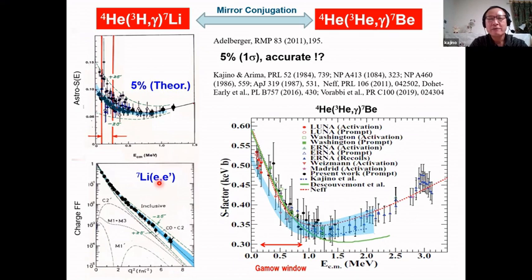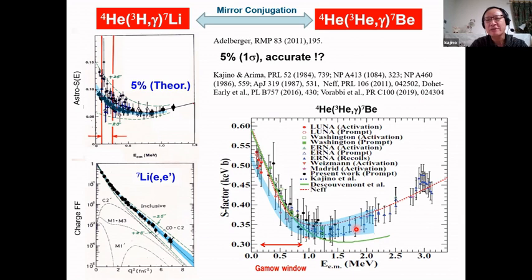Therefore, if we theoretically calculate the relative capture cross-sections, we can predict in this blue band. And then the conjugate reaction is estimated in the same scheme of clustering wave function to predict in this way. Although Adelberger and the world nuclear physicists and theoretical physicists almost agree, uncertainty is only 5% if you believe these measured cross-sections.